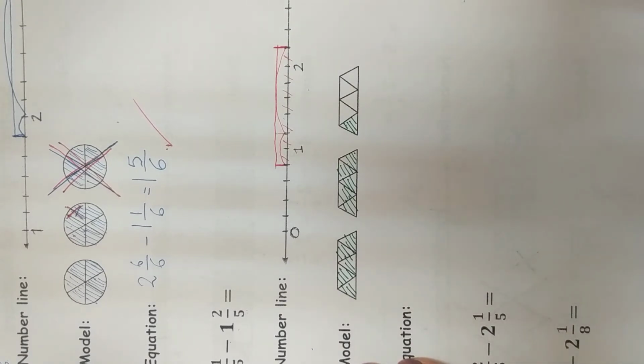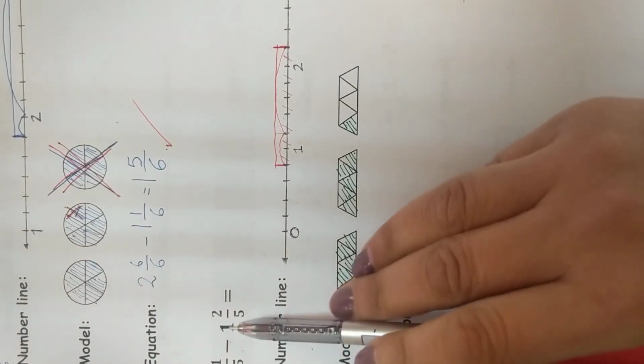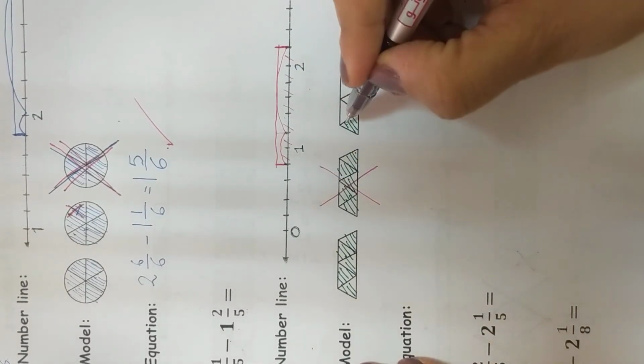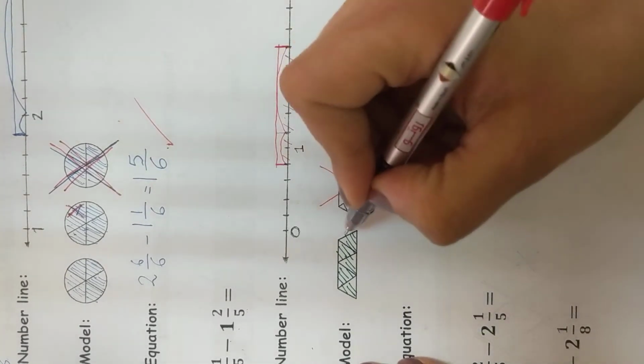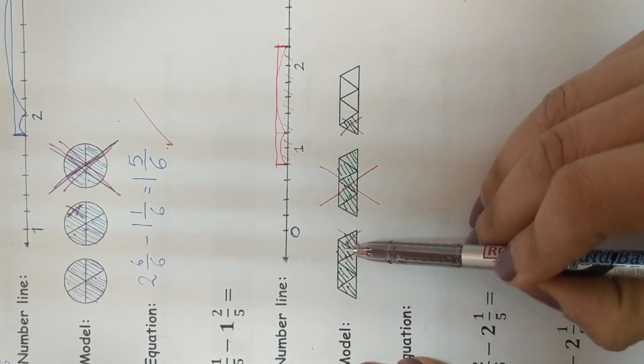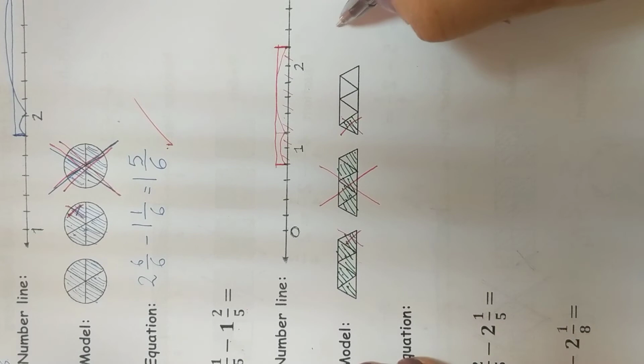So I will take away, or subtract, 1 and 2 over 5. I will subtract a whole 1 and 2. We can take this one and that one. So the answer here will be 1, 2, 3, 4. 4 parts, 4 out of 5, 4 over 5.